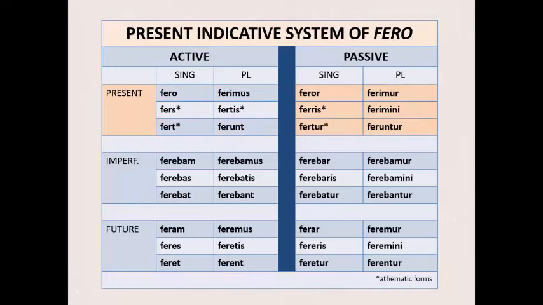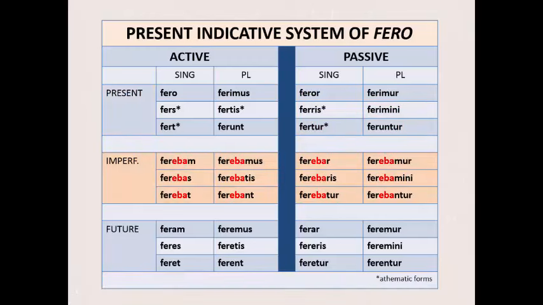In the passive, feror, ferris, fertur. The last two are clearly athematic. Ferimur, ferimini, and feruntur. All three of those have thematic vowels. So ferris, fertur. Those are the only two athematic forms you have to memorize in the present passive indicative.